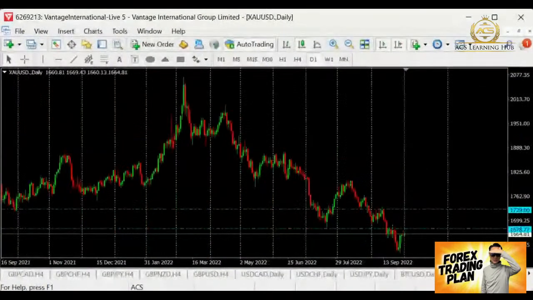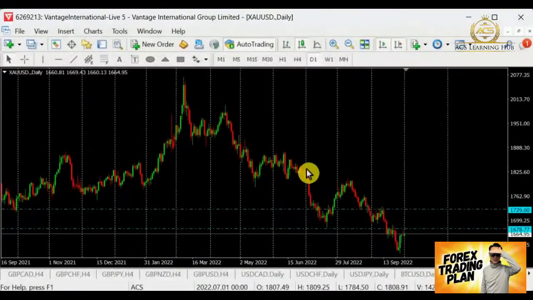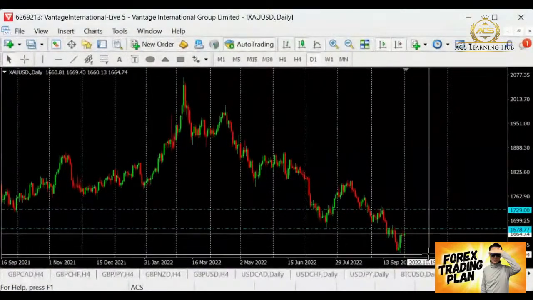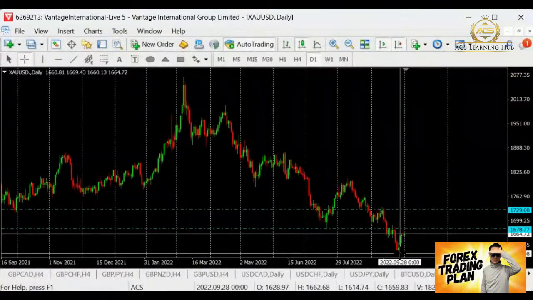Okay, for gold, we have been selling off, and after that, I placed my target at 1678. It actually broke my 1678 and continued selling to the lowest of this price here, which is 1614.